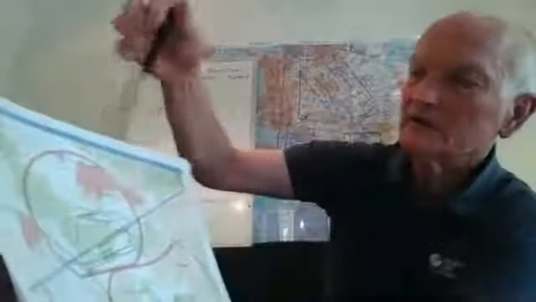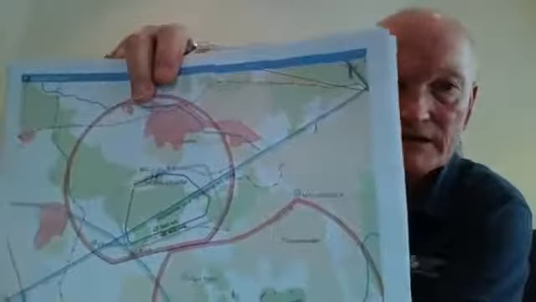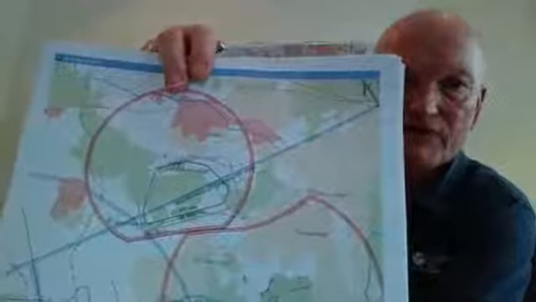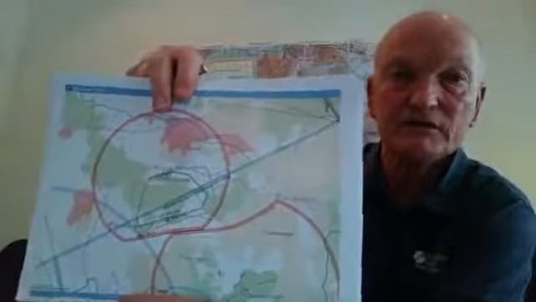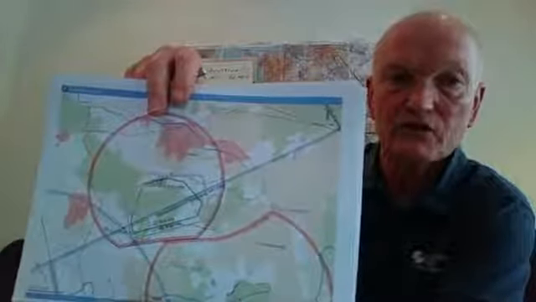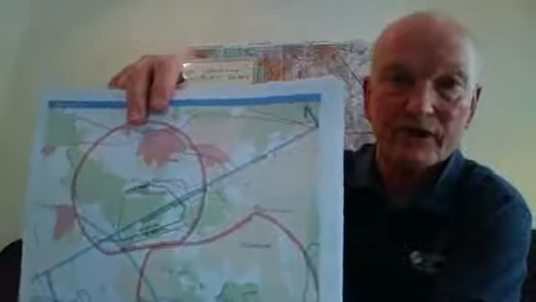But what that doesn't actually tell you is whether it's 2,000 feet above the surface. Well, it's not, it's 2,000 feet above mean sea level. So that could catch you out. So make sure you don't climb above 2,000 feet QNH.